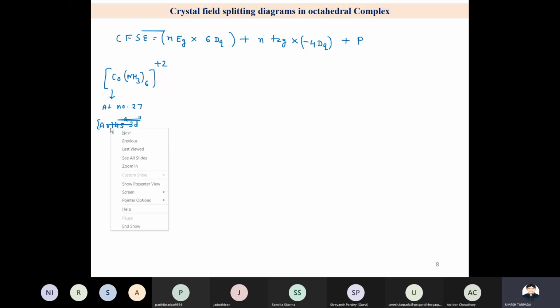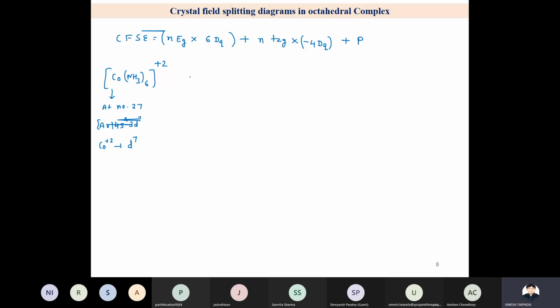Now NH3 is a neutral ligand, so it is Co plus 2. So 2 electrons get removed from the 4s orbital. So it is a D7 configuration.